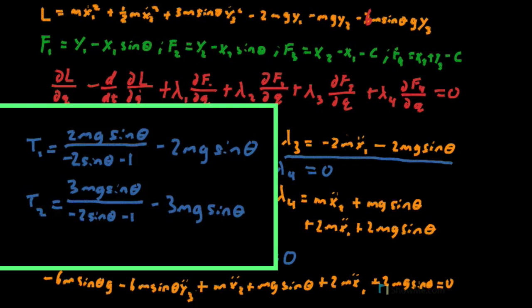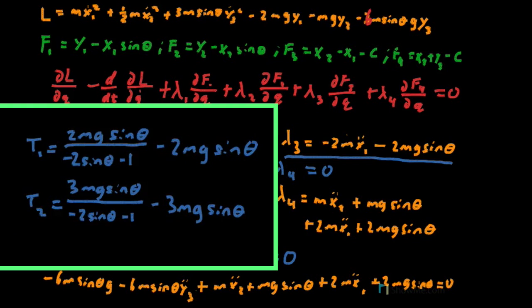However, g is still positive 9.8 meters per second squared in this case, which makes it look like the opposite answer, and in a sense it is, because in this case lambda 3 represents the first tension force pulling object 2 down the ramp, rather than the force pulling the first object up the ramp.